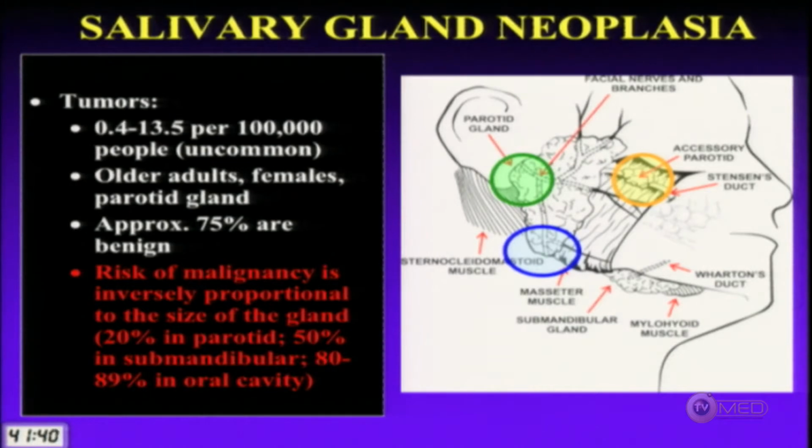Over 75% in general of salivary gland tumors are benign, but that's because a majority of the tumors do occur here in the parotid gland, where many of them are pleomorphic adenomas. And that's very good news for us who are cytopathologists, because we do an excellent job of diagnosing pleomorphic adenoma by FNA.